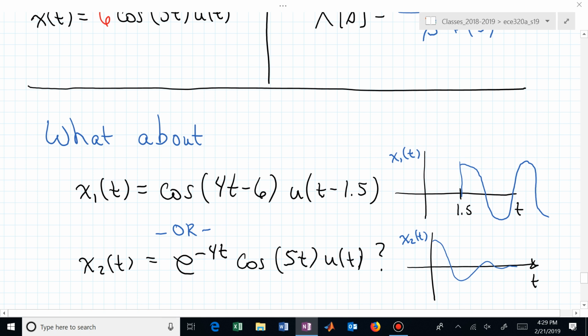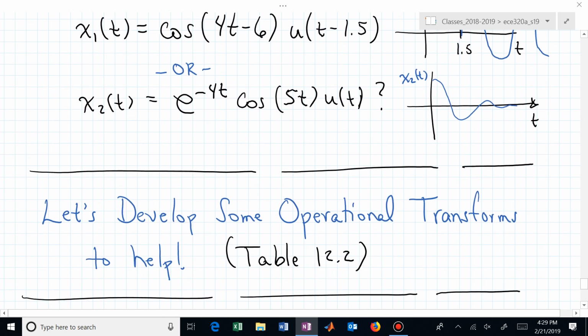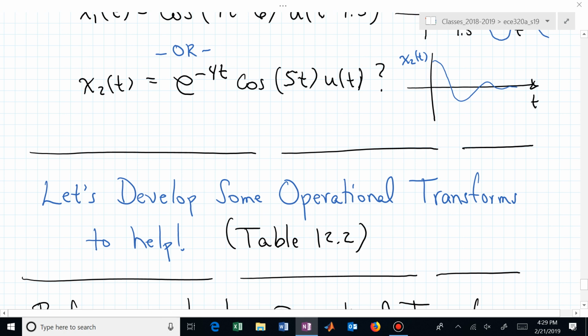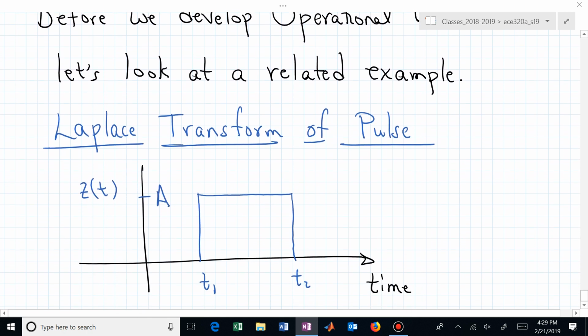We now need to do an exponential decay on that, and we'll learn what that looks like once we talk about operational transforms, which are covered in table 12.2. But before we talk about operational transforms, let's look at the Laplace transform of this.